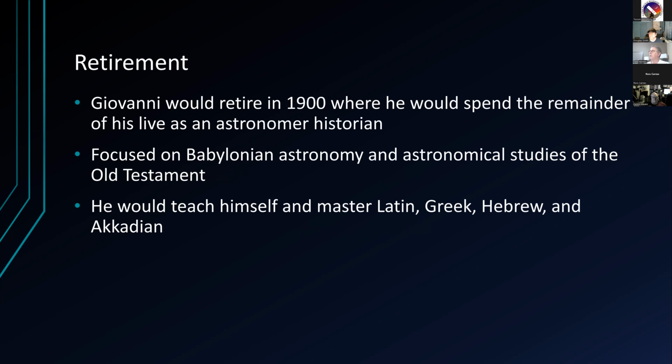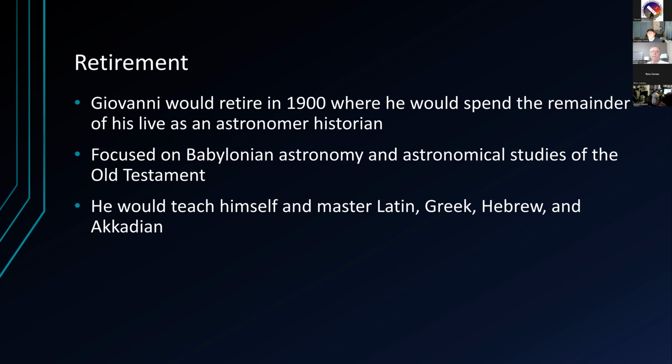But Giovanni would retire in 1900 from his position at the Brera Observatory, and he would spend the remainder of his life serving as sort of like an astronomer historian, where he would focus most of his attention on Babylonian and biblical astronomy, searching biblical records for astronomical events and trying to determine what they were looking at in the sky.